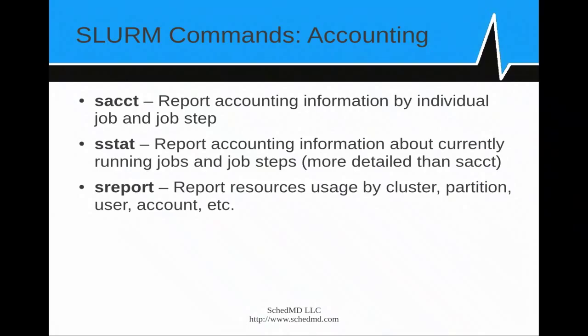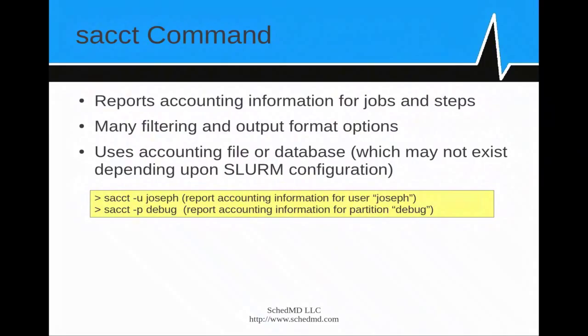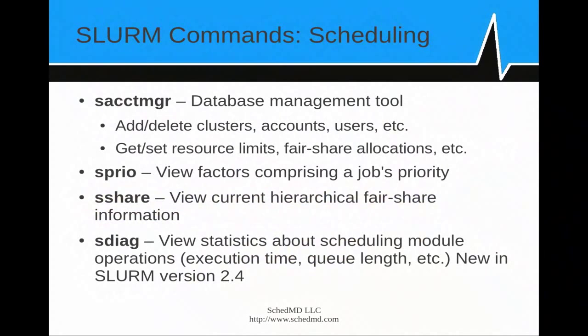So sreport is presenting the information in a more condensed fashion. Here are some examples of sacct where you can filter the information by user or partition or account if you want. And again, it's going to be printing information about the individual jobs or job steps that satisfy those filters.